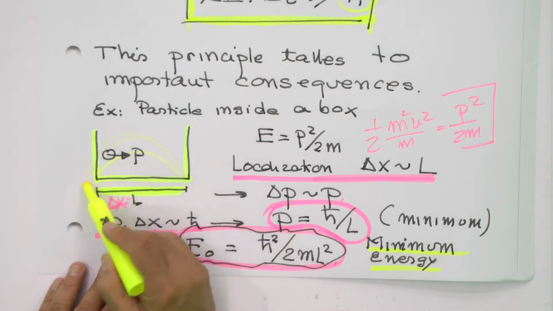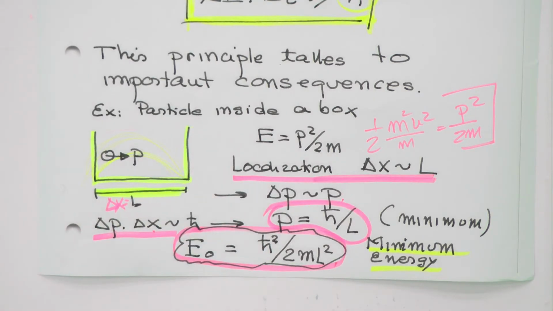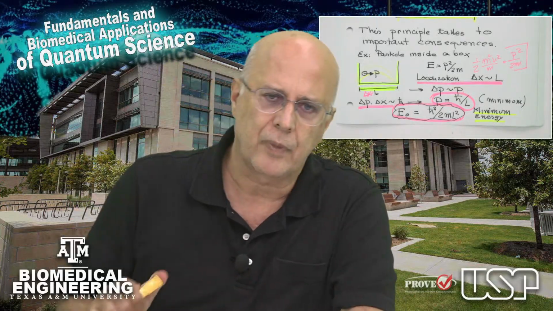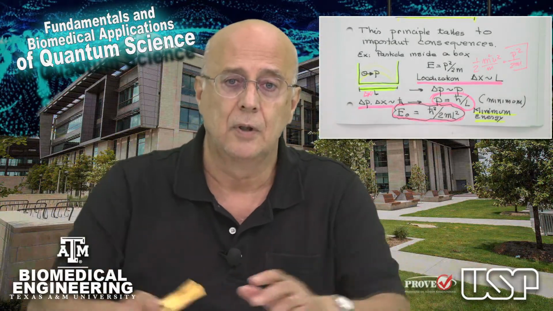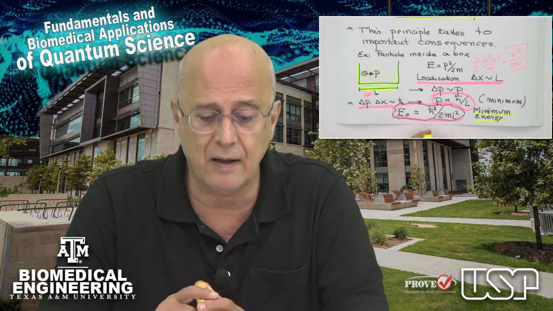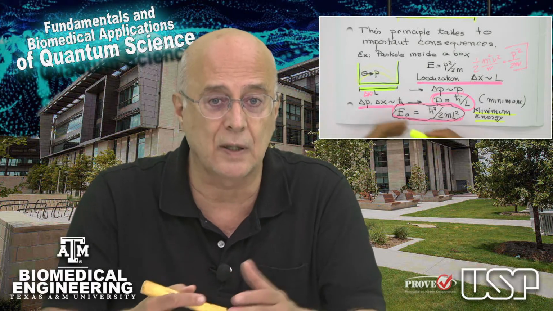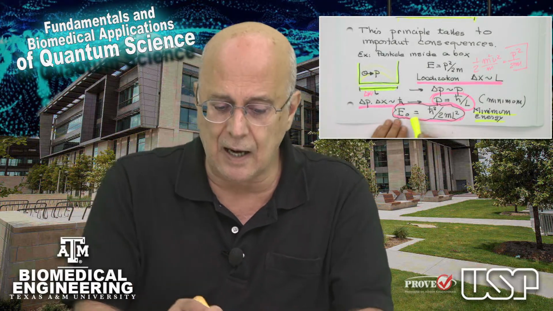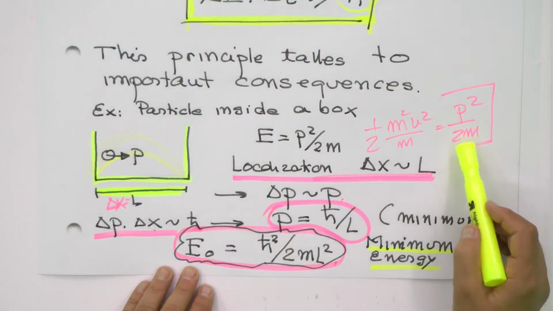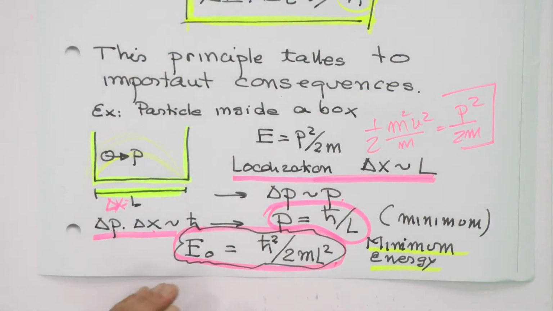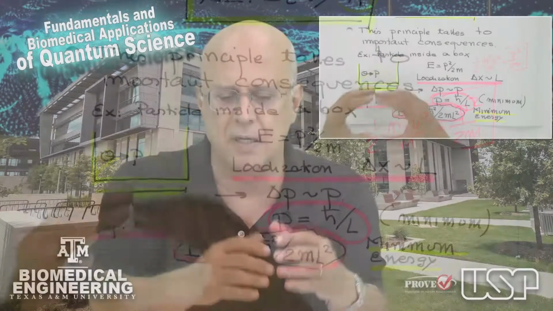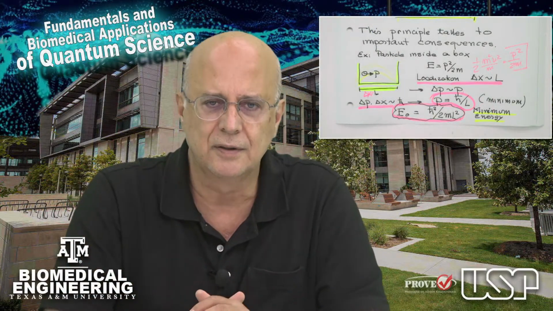And for the wave to occupy this space, it cannot have momentum equal to zero. Because momentum equal to zero would be too big a wavelength. Basically, this is what's behind. And then I calculate P, and P squared divided by 2m is the energy. So a particle that's confined must have a minimum energy.